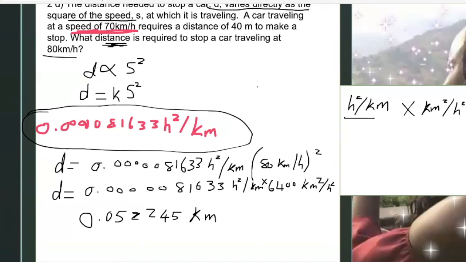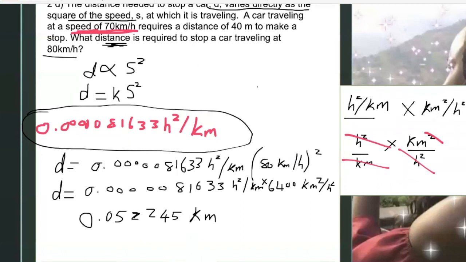Remember I said this is a fraction, so I can have this as hours squared over kilometer times kilometers squared over hours squared. So right here, these would cancel, right? And one of the kilometers will cancel. So here we have this being kilometers.